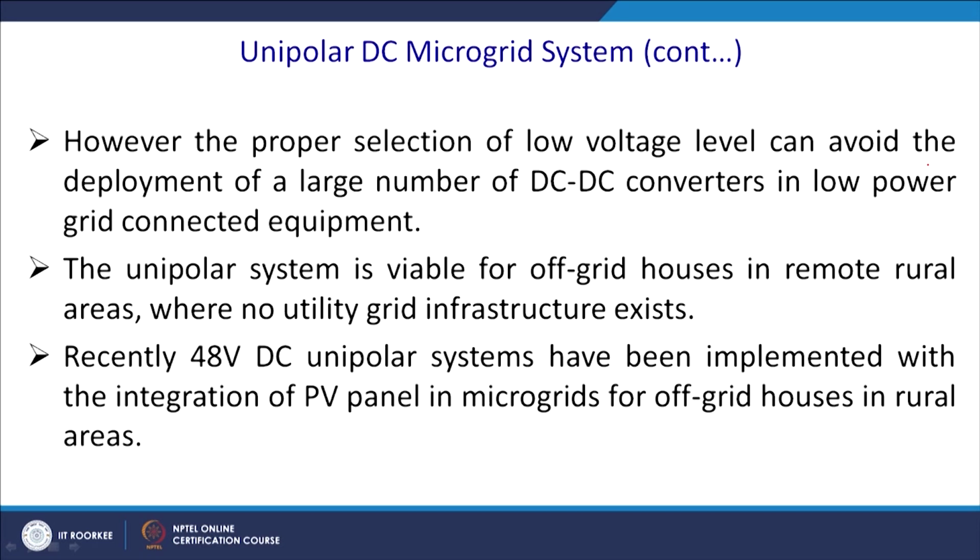The unipolar system is viable for off grid houses in remote rural areas where no utility grid or infrastructure exists. For example, you make a resort. Previously resorts were running with DGs. Now you can reduce the usage of the DGs by solar and wind.